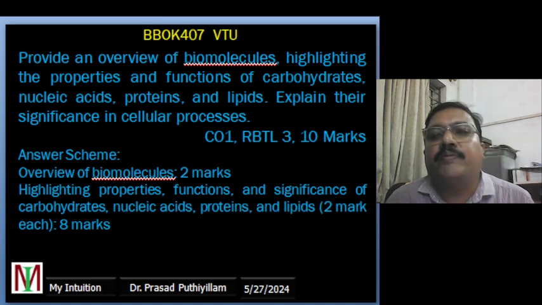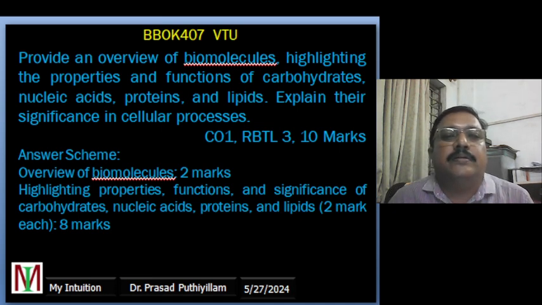Provide an overview of biomolecules highlighting the properties and functions of carbohydrates, nucleic acids, proteins and lipids. Explain their significance in cellular processes. It is connected to course outcome 1, with the level of question as 3 in revised Bloom's taxonomy, and carries 10 marks.